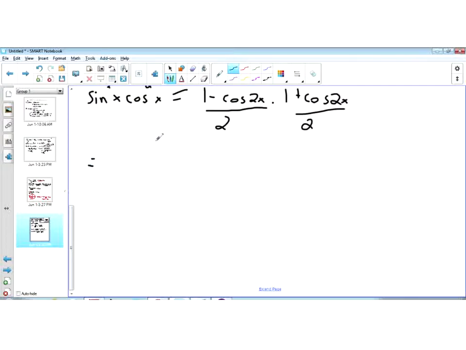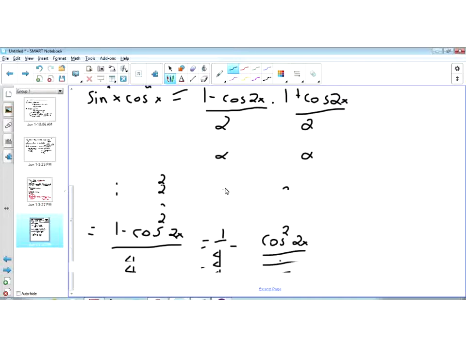So doing the multiplication, we have a plus b times a minus b, and of course that yields 1 minus cosine squared 2x over 4, right? And so that's 1/4 minus cosine squared 2x over 4.